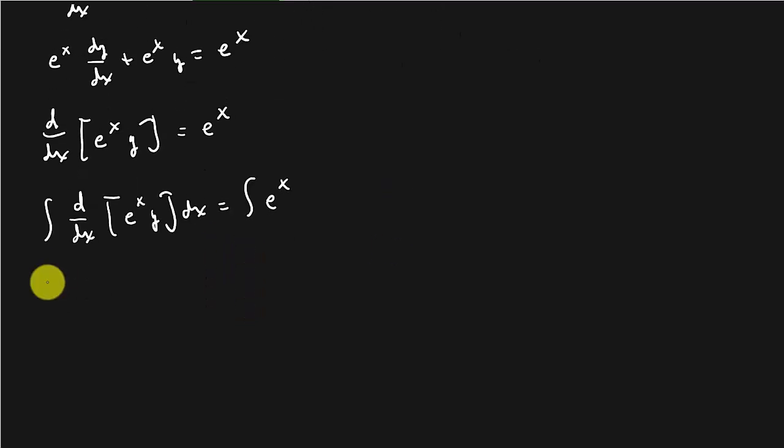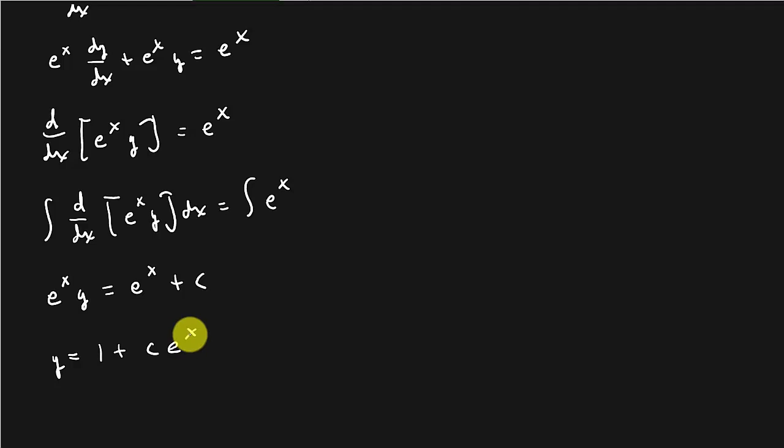And so I've got e to the x y equals e to the x plus c. And so I've got y is equal to 1 plus c e to the negative x.